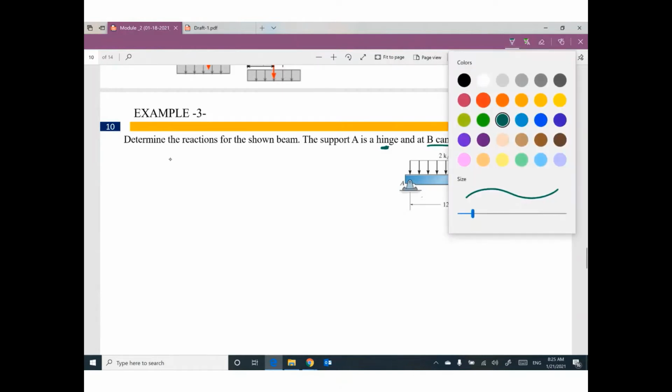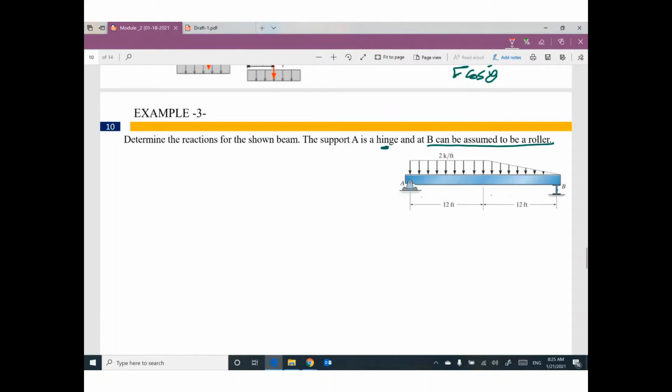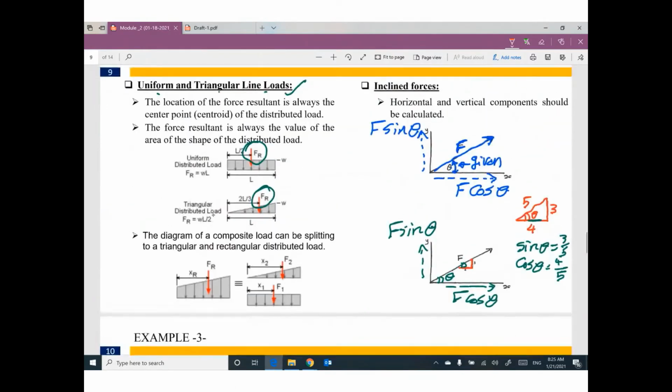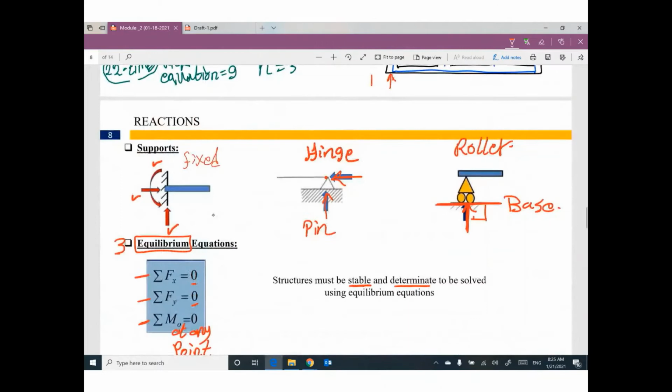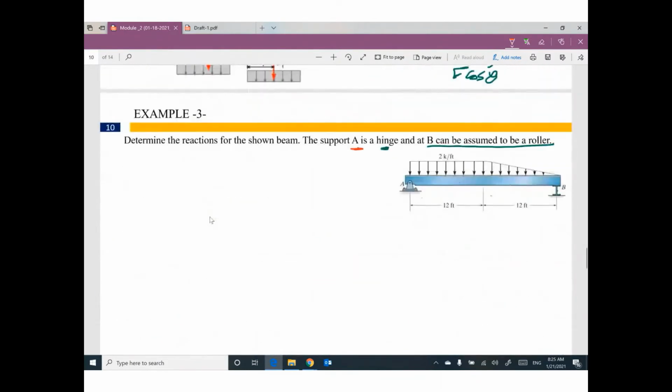First step. How many reactions do you have at A? A is hinge. If you have hinge, we have 2 reactions, one vertical, one horizontal. The vertical one can be called YA. The horizontal one can be called XA.